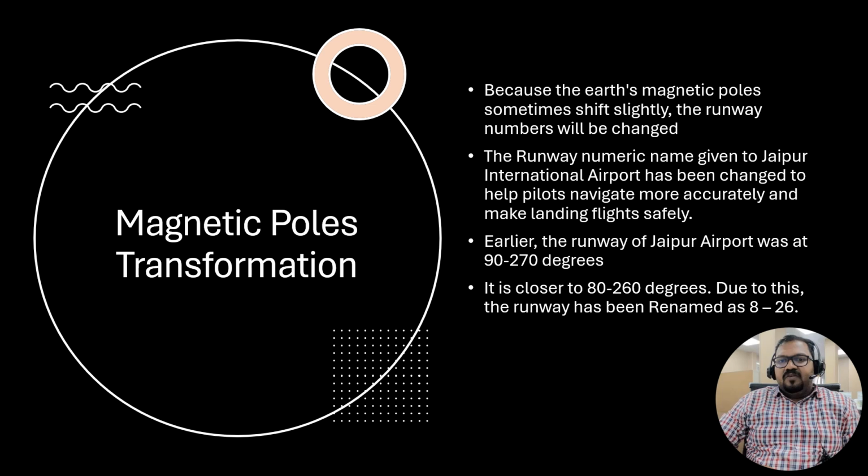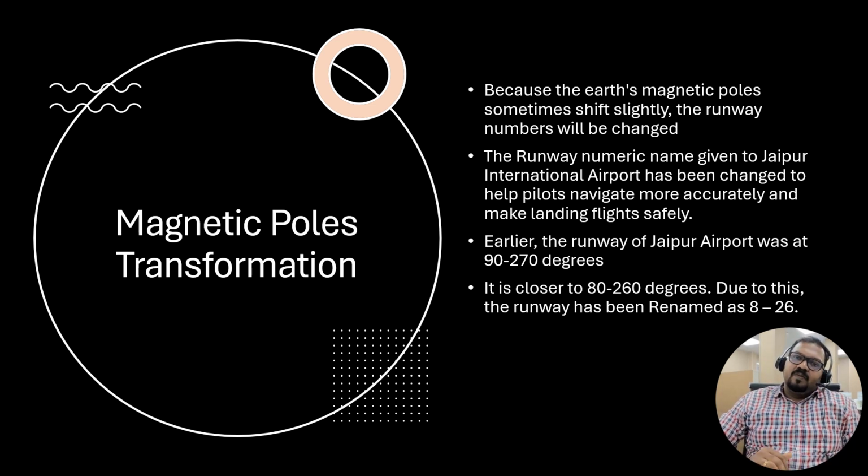For example, in a case study, the runway number given to Jaipur International Airport was changed recently, around February 2024, to help pilots navigate more accurately and arrive safely at the airport. Earlier the runway number for Jaipur airport was 90/270 degrees, which means runway 9/27.